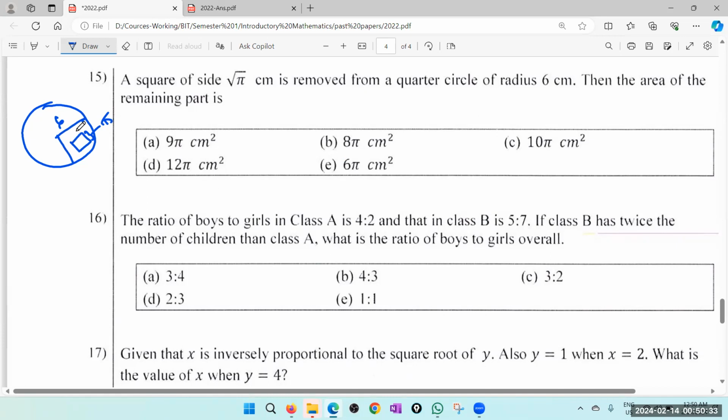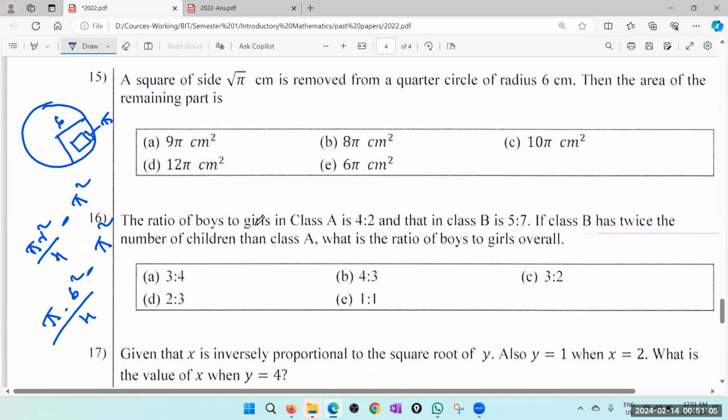So this quarter circle is πr squared divided by 4 because it's a quarter circle. From that you have to subtract this area, that is 5 into 5, the square of side root 5. And of course r they have given, r is 6, so π times 6 squared divided by 4 minus 5 squared.